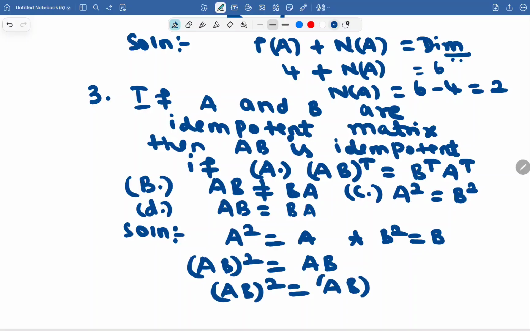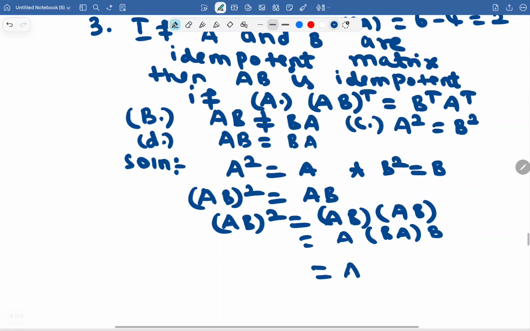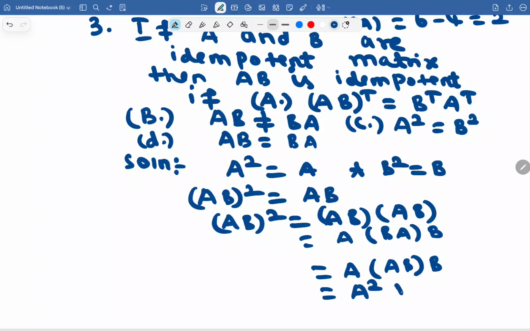AB into AB, A into BA into B. Write it as A BA B, which is A square B square if BA equals AB.